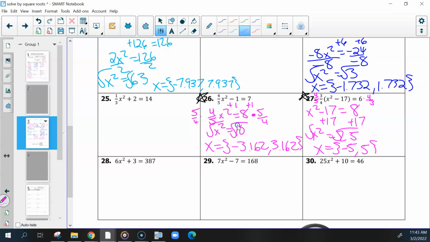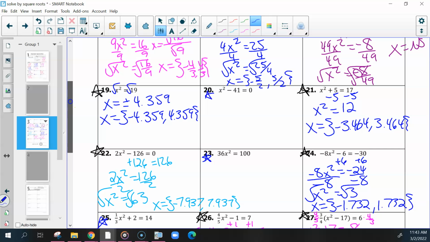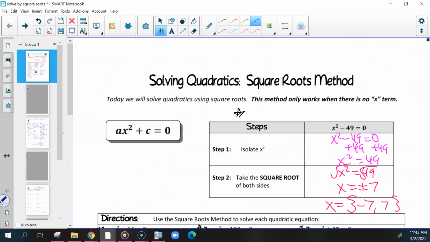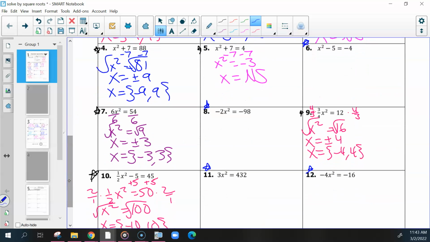Alright, there are specific ones I want you to try. The ones I have to start on here disappeared. On the first page, numbers 6, 8, 11, and 12.